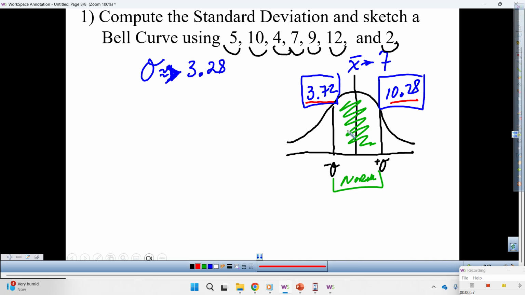Let's see. 5, yes. 5, yes. 10, yes. 4, yes. 7, yes. 9, yes. 12, no. 2, no. So what can we conclude? What would be a statement? 2 and 12 are not in the norm.